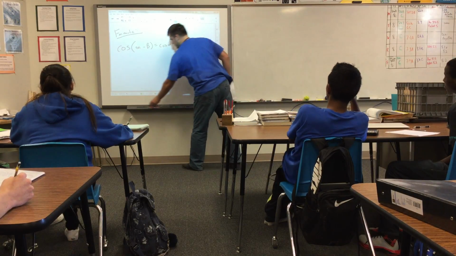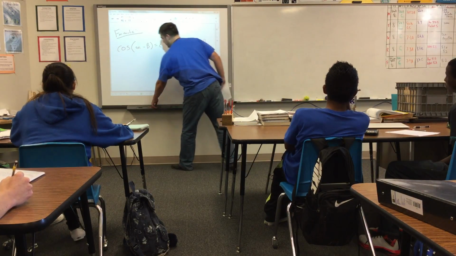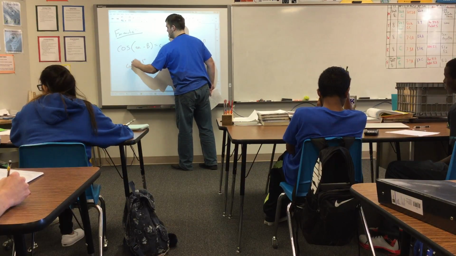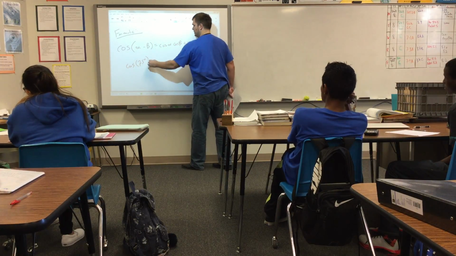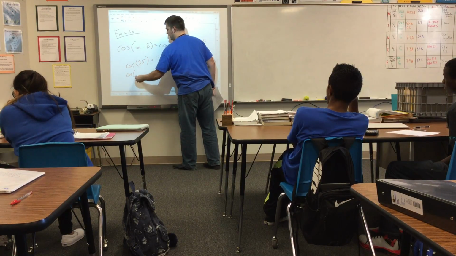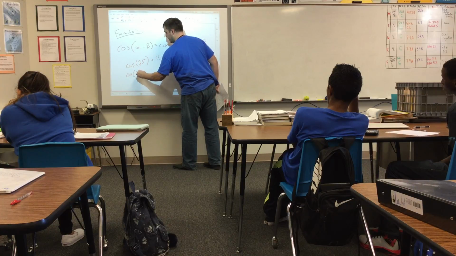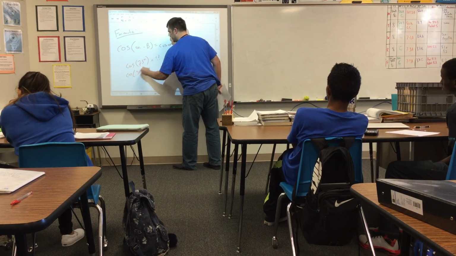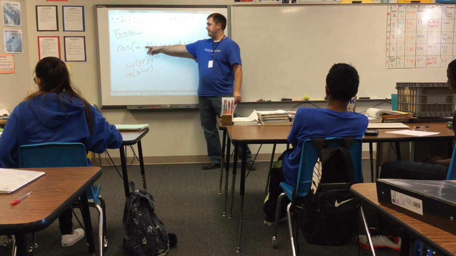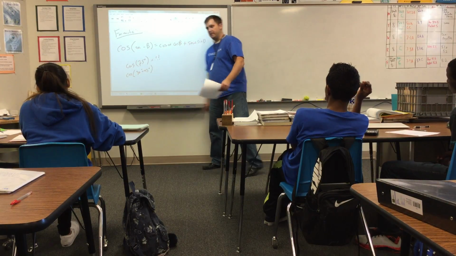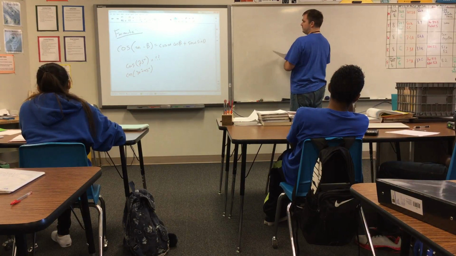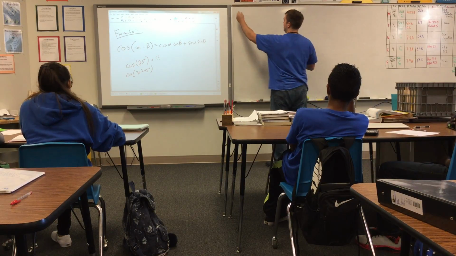The question is, what if I needed something like the cosine of 75 degrees, where that's cosine of 30 degrees plus 45 degrees? It's great that I've got a minus there, but what if I need a plus? For that, we just do a little bit of trickery.